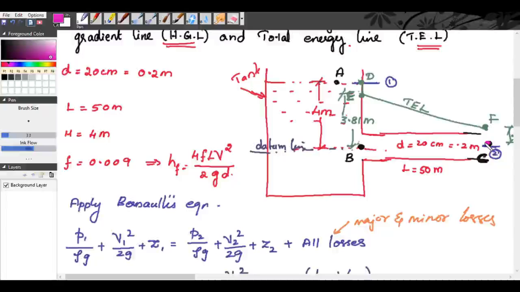At the inlet, the hydraulic gradient is 3.43. So somewhere here. Let us take this point as G. And at the free surface, at A, the hydraulic gradient is 4. So this line is the hydraulic gradient line.